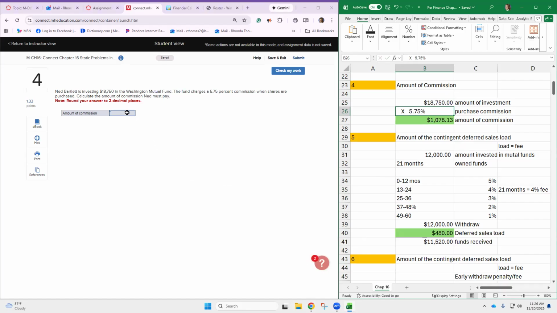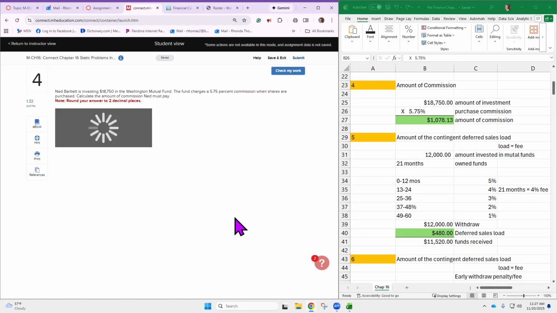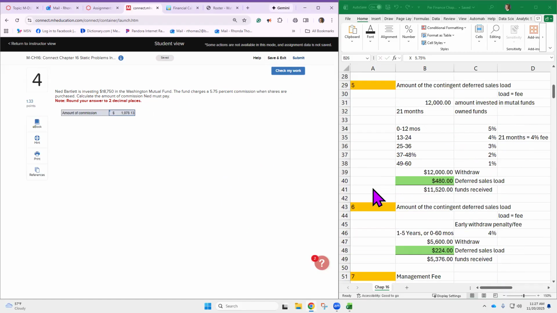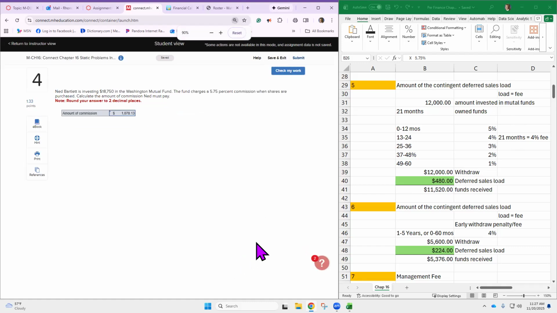And then the commission for that particular purchase is $1,078.13. So you just got to think about how to multiply with a percentage, right? Multiply with a percentage. Any questions on the first four? Okay, good deal. Onward we go.